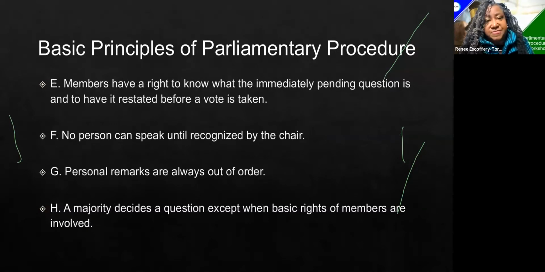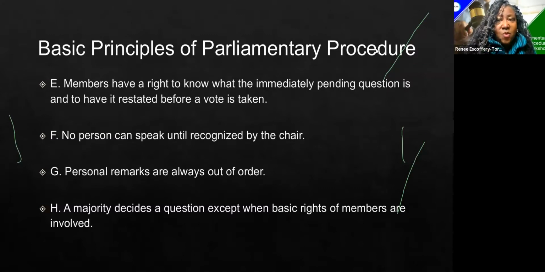Other principles. Members have a right to know what the immediately pending question is and to have it restated before a vote is taken. Okay, I'm going to say that again. Members have a right to know what the immediately pending question is and to have it restated before a vote is taken.